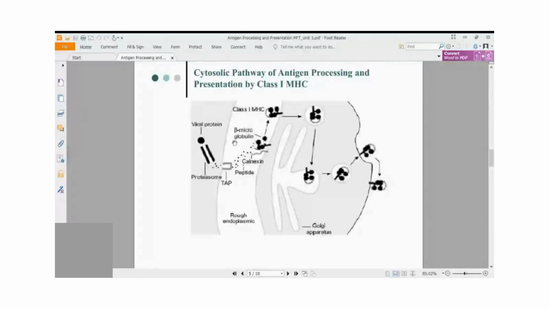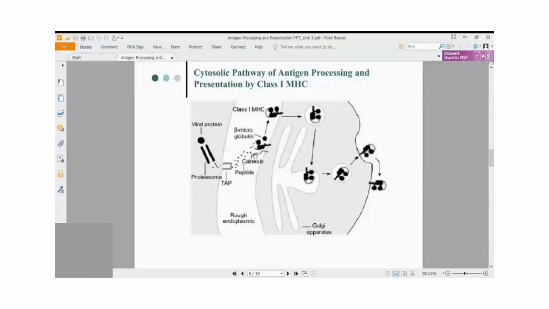Meantime, remember that the proteins that are broken down have come into the rough endoplasmic reticulum. They are also getting broken down. The internalized class 1 MHC molecule should not be broken down. It should be protected from breaking down. And that is done by a molecule called calnexin.